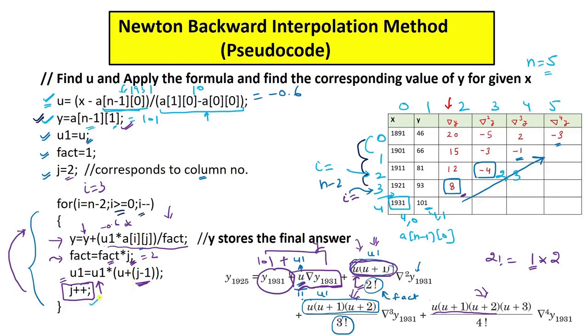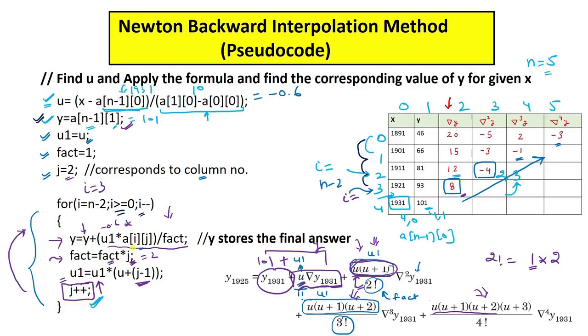But if I do not increment this j, the previous j was 2 only, so I would get 2 comma 2. So 2 comma 2 is this. That's why I am increasing the value of j so that I can come to this. That's why in the previous iteration I said j plus 1.